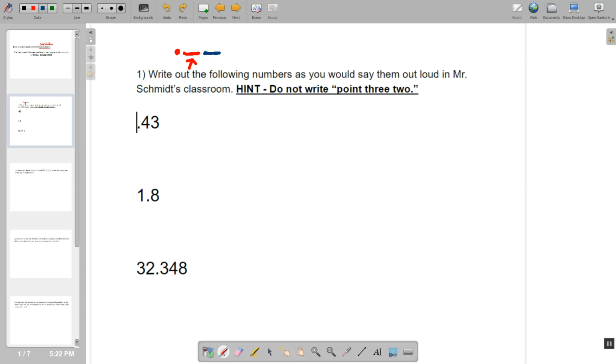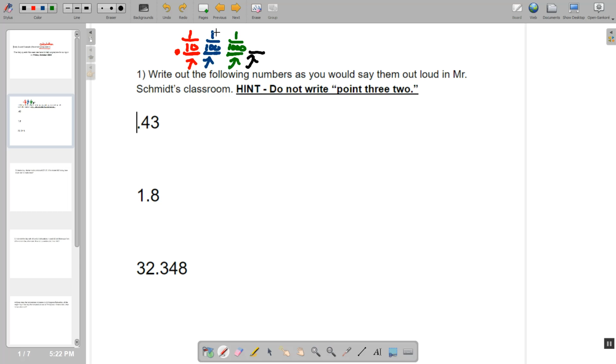The second decimal place is the hundredths place. Third decimal place is the thousandths place, and it can go on forever. So the next one would be ten thousandths and so on. So this is the tenths place, hundredths place, thousandths place.